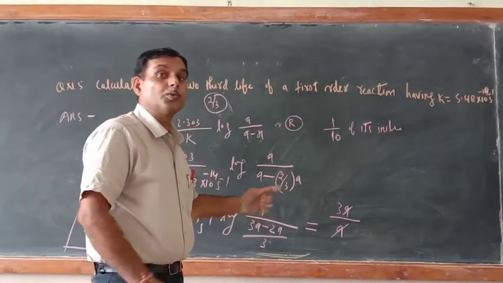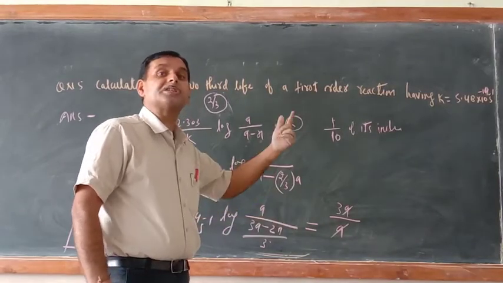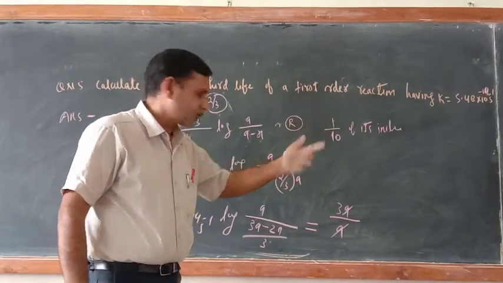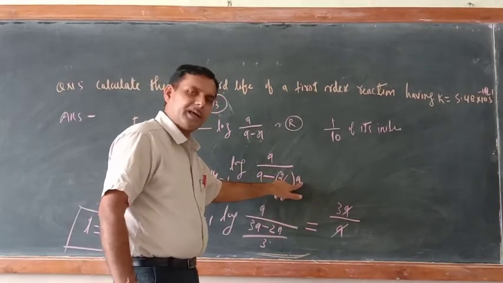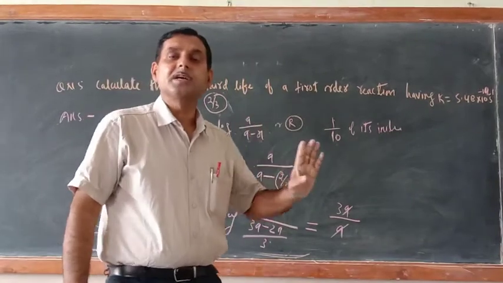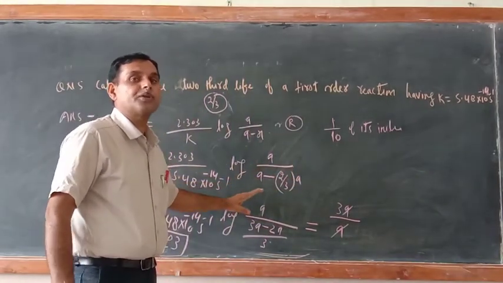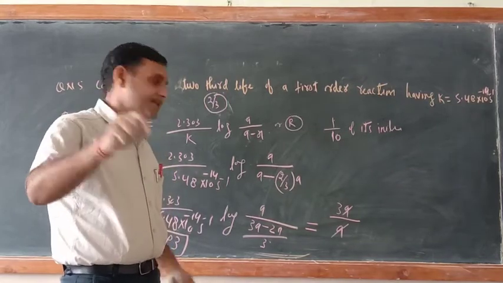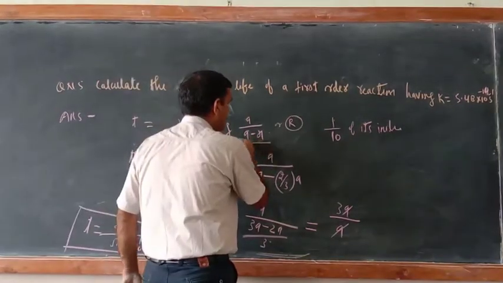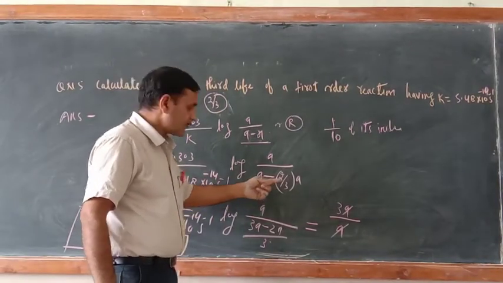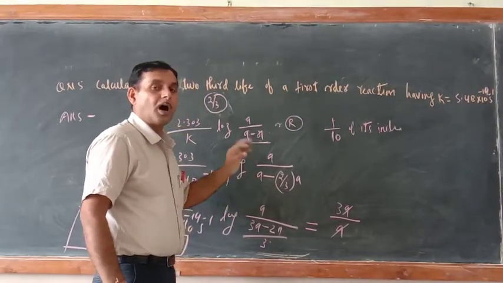So 2/3 of its initial concentration gets converted into product, so 2 by 3a I have to write here. Try to understand, dear cadets. Many more questions of such type you will have. In some places we have to write the a minus x value as such, but in some places we have to solve. So how will you come to know?